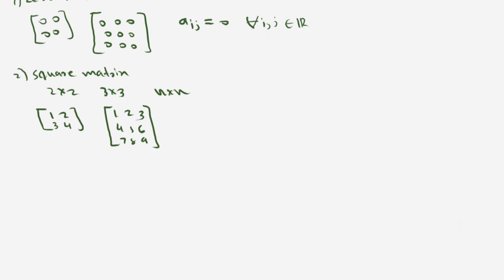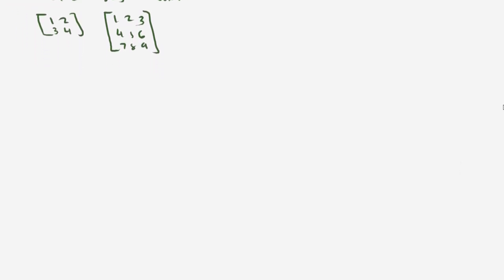The third type is the diagonal matrix. This is a very interesting matrix, and we will need it later. If your matrix contains elements only on the diagonal and each and every other non-diagonal element is 0, such a matrix is a diagonal matrix.